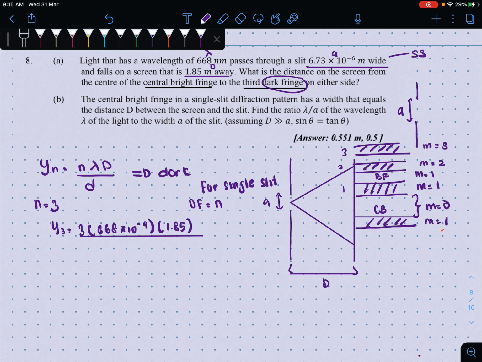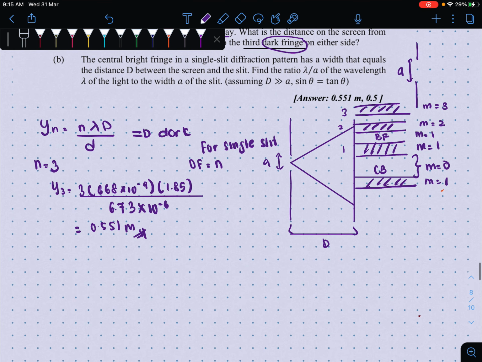Divided with kita punya slit width, 6.73 times 10 to the power negative 6. Tekan calculator, you will end up with 0.551 meter.